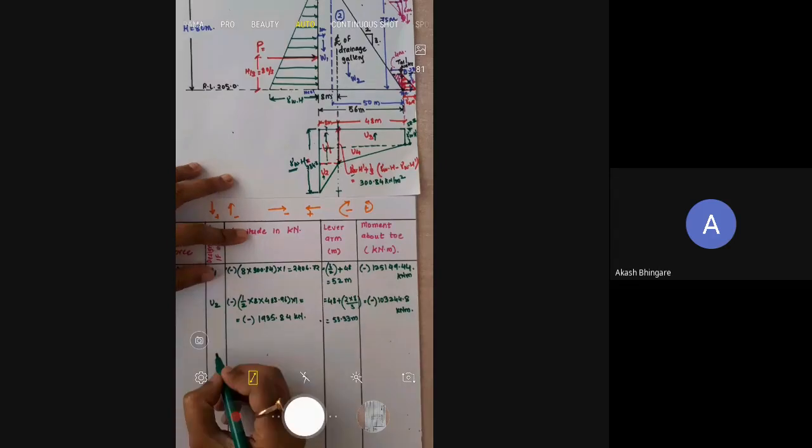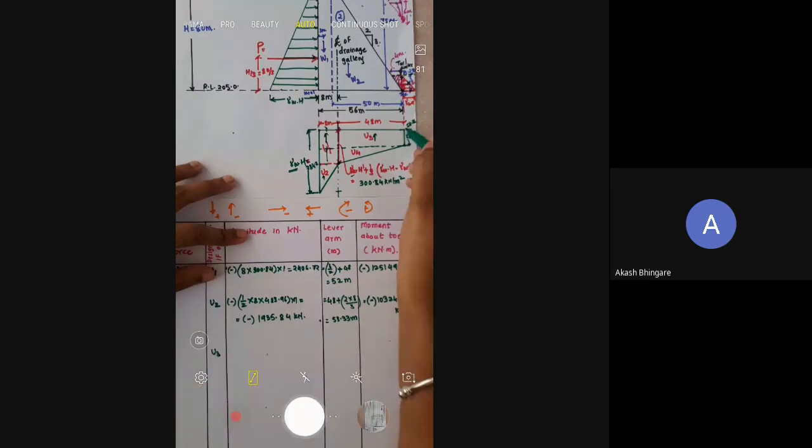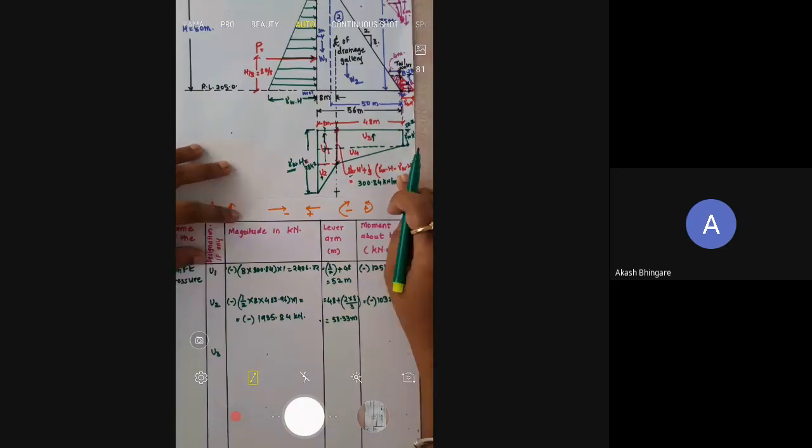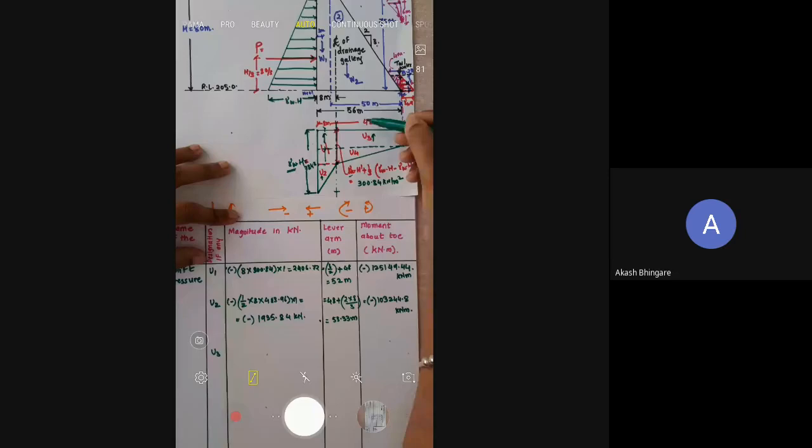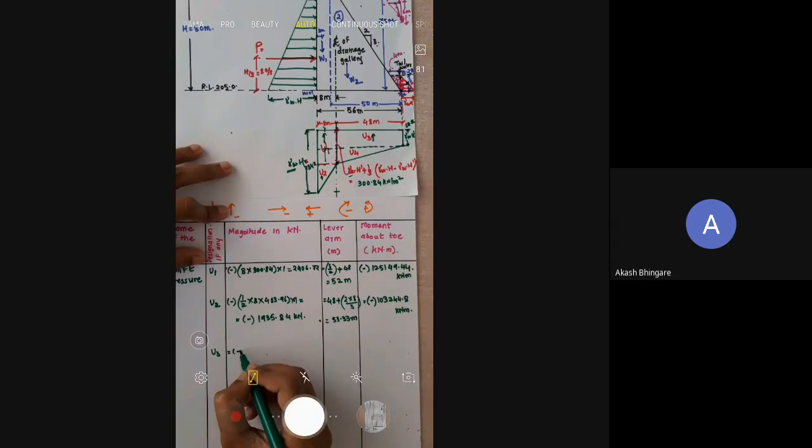So it is a rectangular portion. Now area of a rectangle will be length multiplied by width. So length of this U3 will be 48, whereas width is gamma W into H dash. Again this is uplift pressure, so acting vertically upward, therefore sign will be negative.